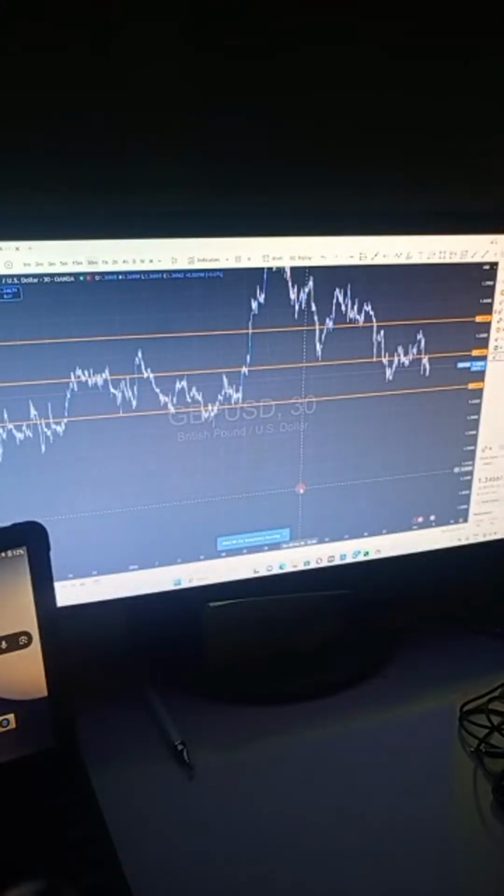Okay, so guys, let's take a closer look. Let's start from here. Did you notice that when price came to this point, price stopped here, price stopped here, and price keeps stopping every time price gets to this zone?